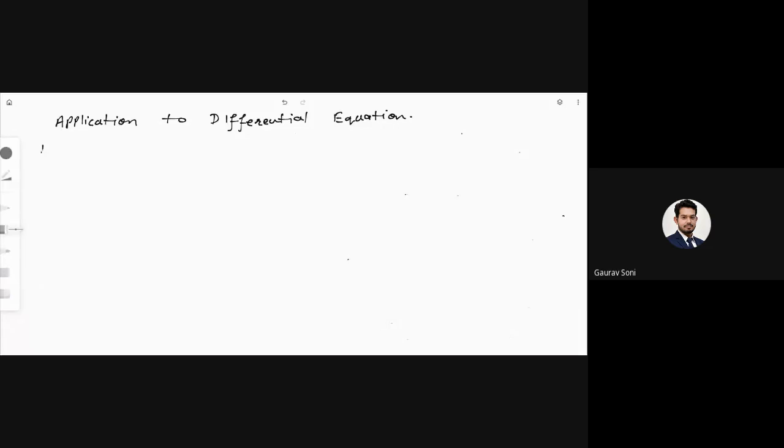So recall, one: Laplace transform of y dash.